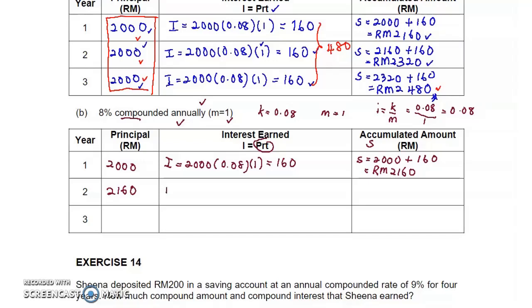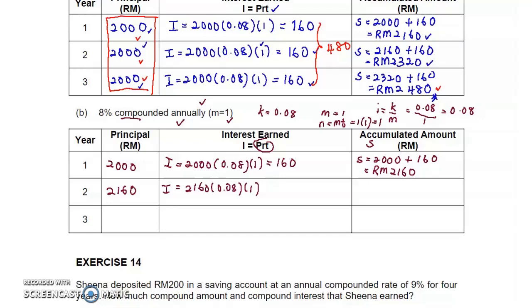So for the second year interest, the principal is not 2000 ringgit anymore. Now the principal is 2160. Rate for 1 year 8%, multiplied by 1. Because it is compounded annually, M equals 1, so N equals M times T equals 1 times 1, which is 1.